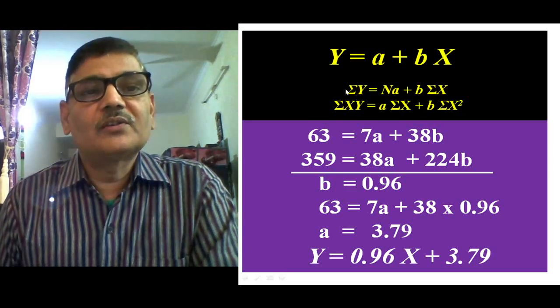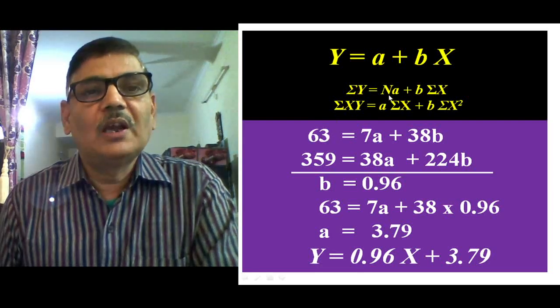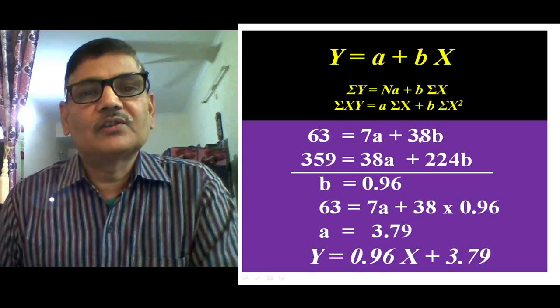So here we are just putting the values: sum of y is 63, that is equal to 7a plus sum of x is 38, so 38b, and sum of xy is 359, that is equal to 38a plus 224, which is sum of x square, so 224 into b.